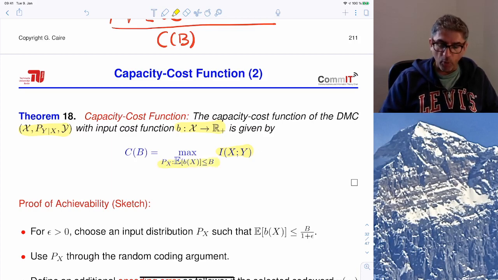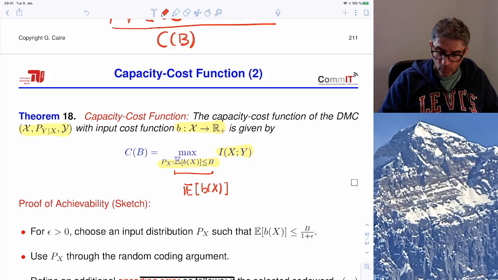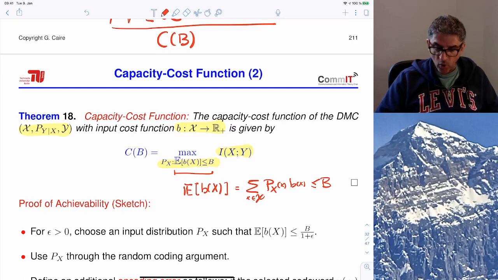It's not over all possible input distributions, but over all input distributions with average cost, so expectation of B of X, which means the sum over little x in the alphabet of P_X of x, B of x, less than or equal to B. So we introduced a cost constraint in the problem of maximizing mutual information. Okay?